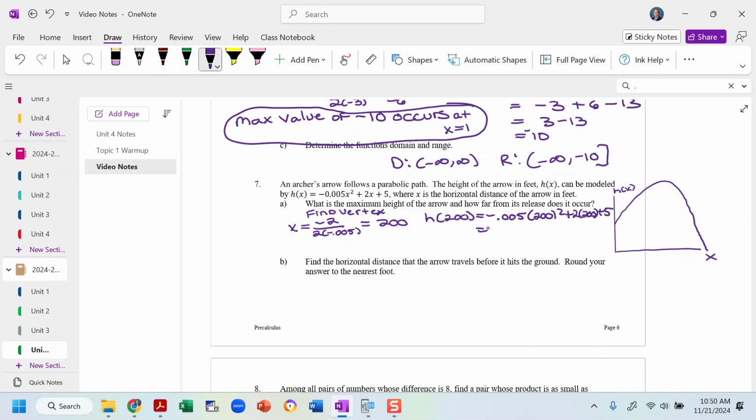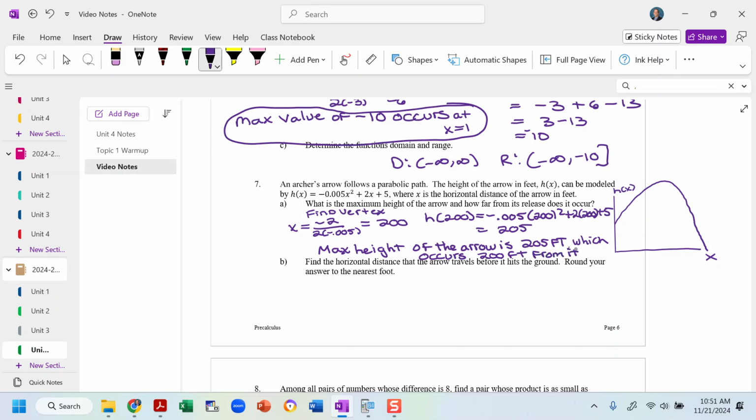And then when you type it in your calculator, you'll get 205. So that means the maximum height of the arrow is 205 feet, which occurs 200 feet from its release.